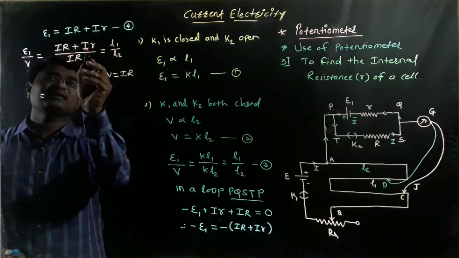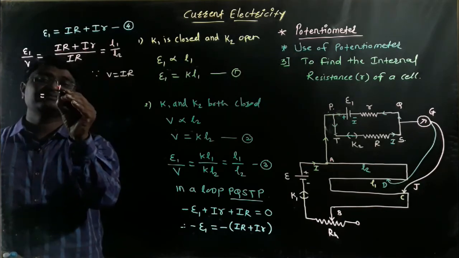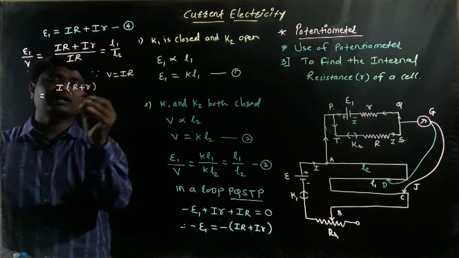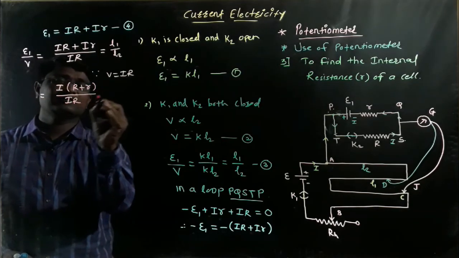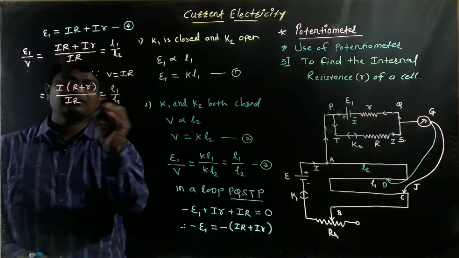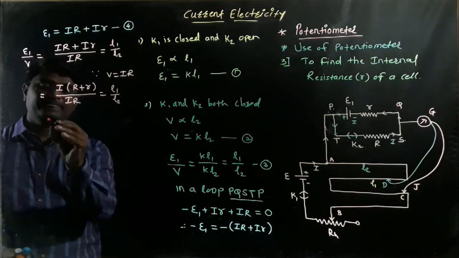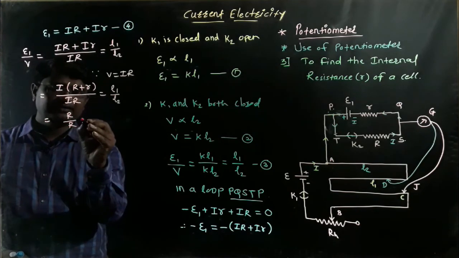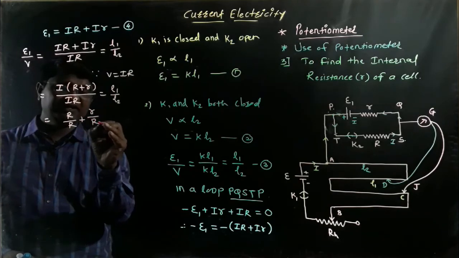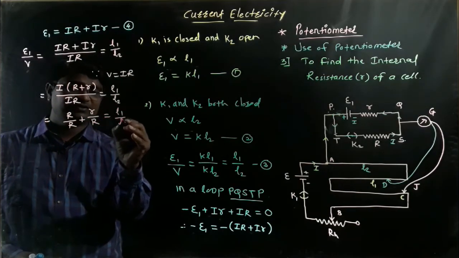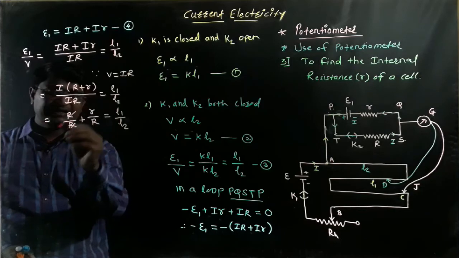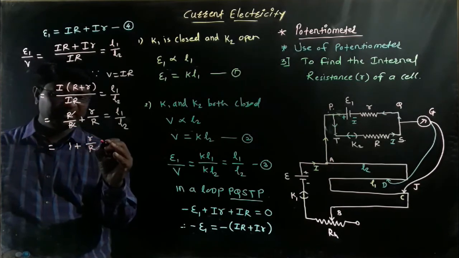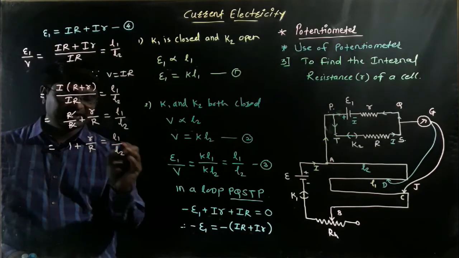Remember that V is equal to IR. So this IR and this IR, so I gets common here. When we take I common, I into R plus small r divided by IR is equal to L1 upon L2. So I gets cancelled here. Taking separate division, R divided by R plus small r divided by R is equal to L1 upon L2. So R and R get cancelled here, so 1 plus small r divided by capital R is equal to L1 upon L2.